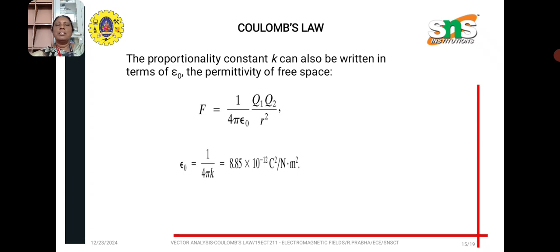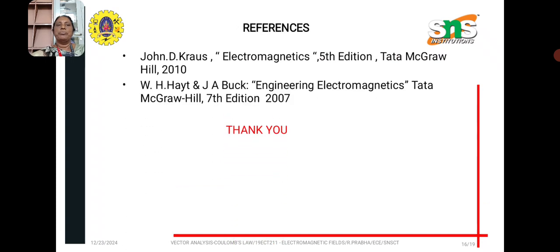The proportionality constant K can also be written in terms of epsilon naught, the permittivity of free space, as F equals 1 by 4 pi epsilon naught, Q1 Q2 by R square. Here epsilon naught is the permittivity of free space, it is 1 by 4 pi K, and its value is 8.85 into 10 power minus 12 Coulomb squared per Newton meter square.